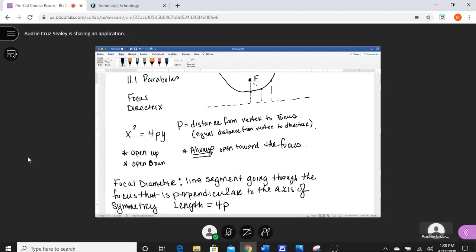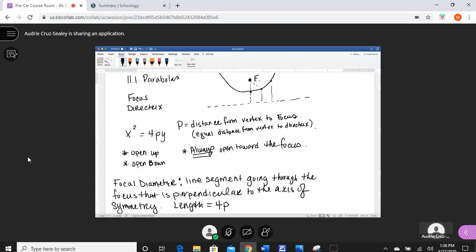This right here is the formula, and literally this is the formula only if you're centered at the origin, which we're going to be in this section. We'll elevate later on. P is the distance from the vertex to the focus, and of course, it's the same distance between the vertex and the directrix. You always open towards the focus.